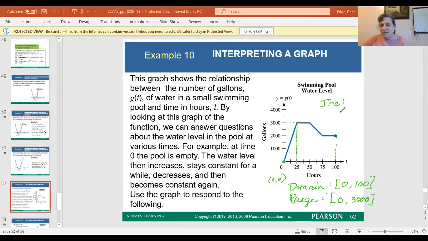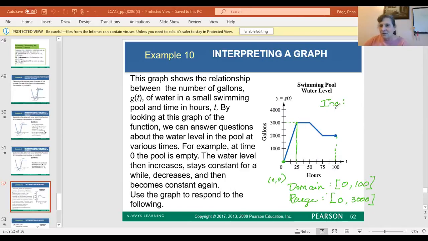For increase, decrease, and constant, the definition of a point where the Y values are increasing is that the Y values to the left are smaller and the Y values immediately to the right are larger. So at this point, it doesn't meet the definition of being a point where it's increasing, because it's increasing as it approaches this point and then it flattens out.